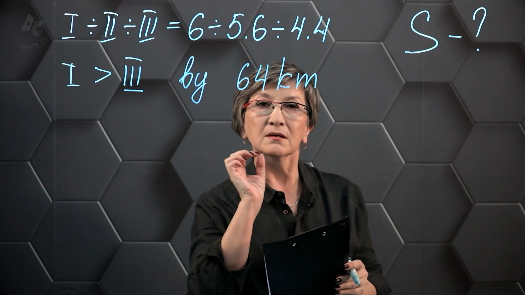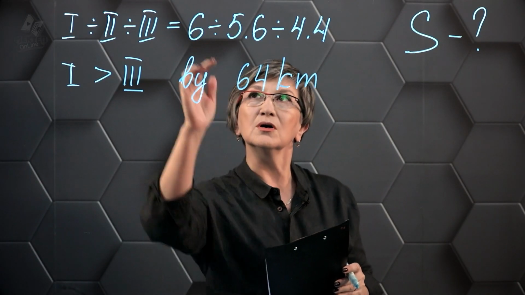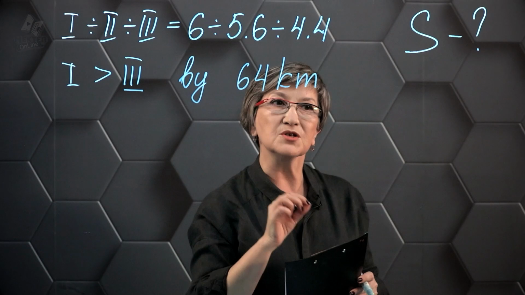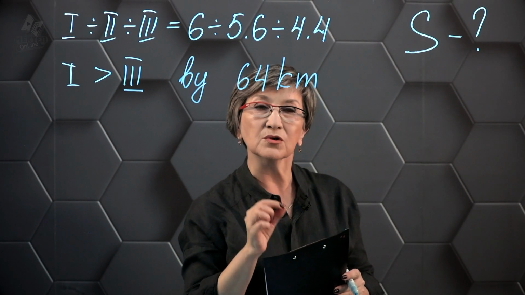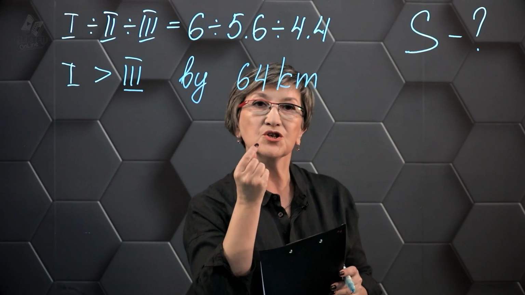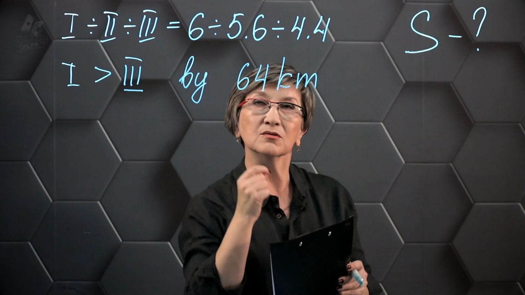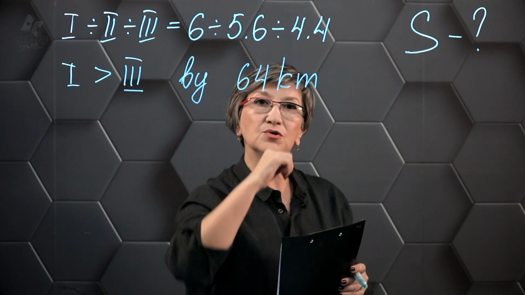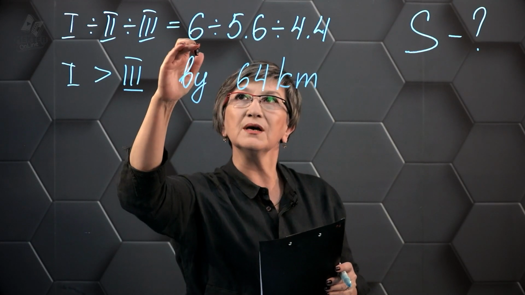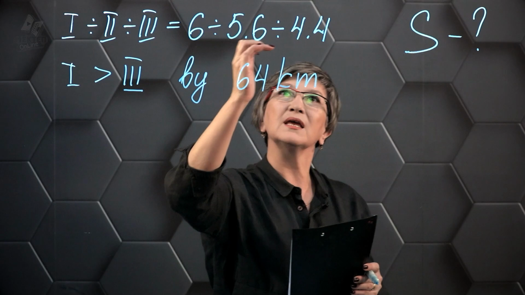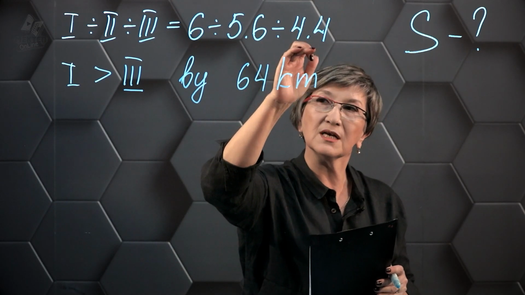You and I have been paying attention to the fact that we are working with parts, and therefore we need to find what one part is equal to. But in this case, we're told that on the first day they traveled more than on the third day by 64 kilometers.